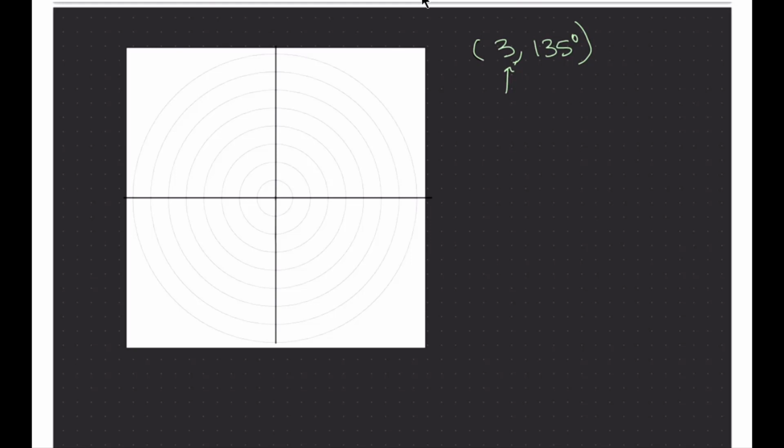Well, if you were in quadrant 1 and you were to split this right down the middle, how many degrees would that be? 45, right? So if we were in the second quadrant, so we had 90 and we added 45 to 90, what would we get? 135. So it'd be right in the middle, right? And then we're on that third ring, so we would be right here.